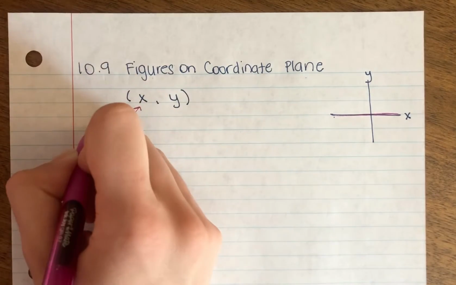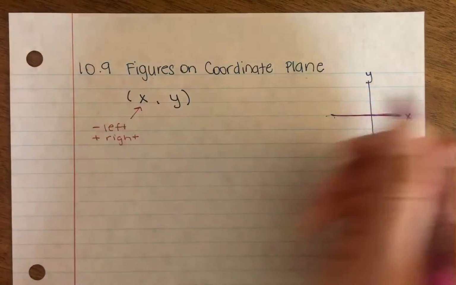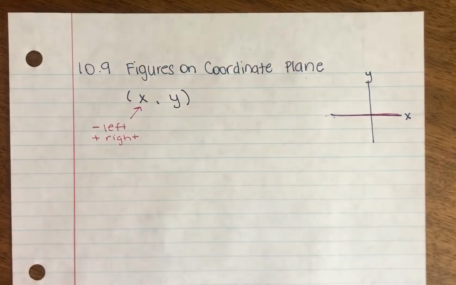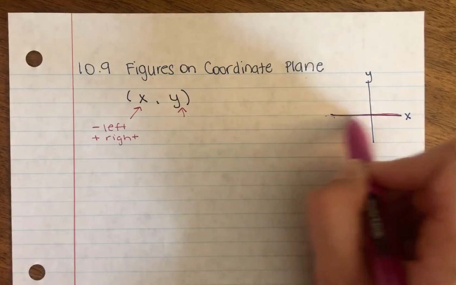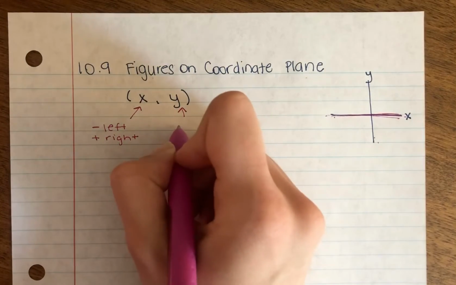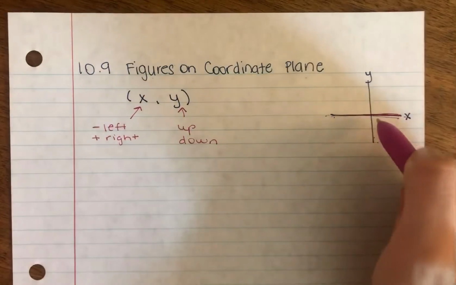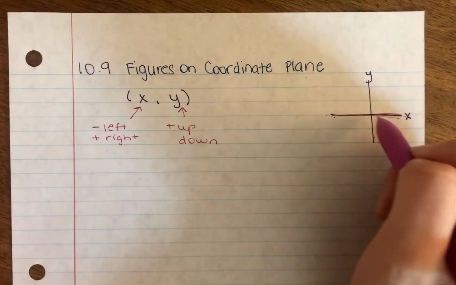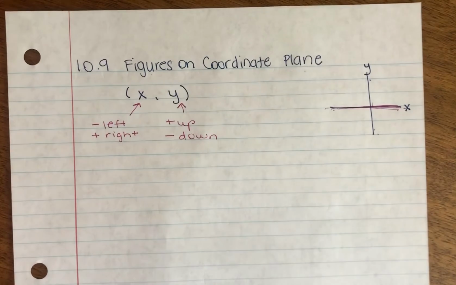If my first number is negative, I go to the left. If my first number is positive, I'm going to the right. If my first number is left-right, then my second number is how I'm moving up or down. If it's positive, I move up. And if it's negative, I move down.